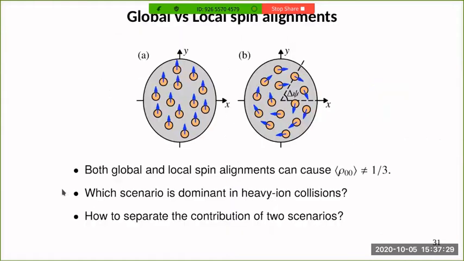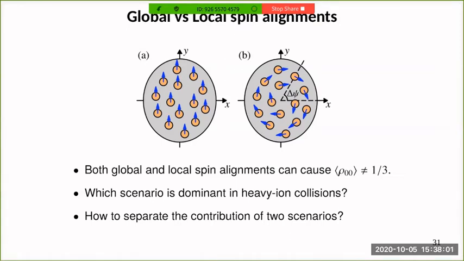So we have shown you that both the global spin alignment in this picture and the local spin alignment in this picture can cause rho 0,0 to deviate from 1/3. Then we should ask which scenario is dominant in heavy-ion collisions, or in other words, if they both contribute, how to separate their contributions.